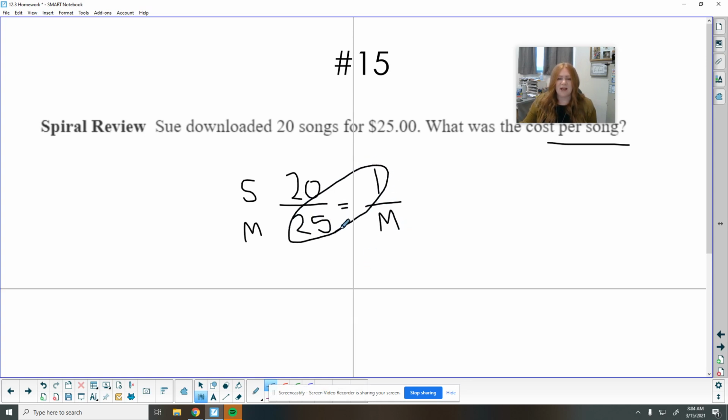So 25 times 1 is 25, and then we'll divide by 20. I'm going to add decimals there because it's money. And I know 20 can't go into 25 evenly, so we'll need some change left over. See how many times 20 goes into $25. Don't forget your decimal. And then I'm going to let you do number 16 on your own.